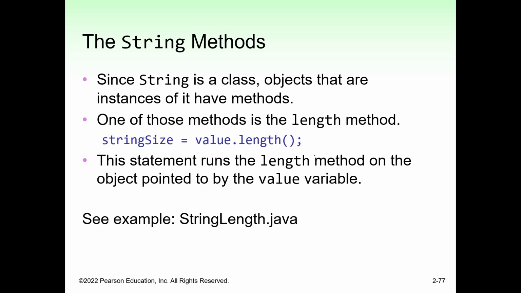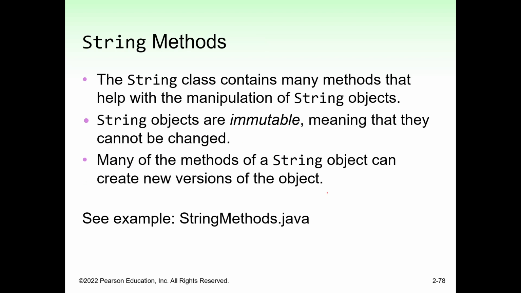What length does, it will just tell you how many characters exist in the string that is passed to this object. There are many other string methods that we'll be covering in a different lecture, but just so you know, the String class will provide you with many useful methods for manipulation of strings.